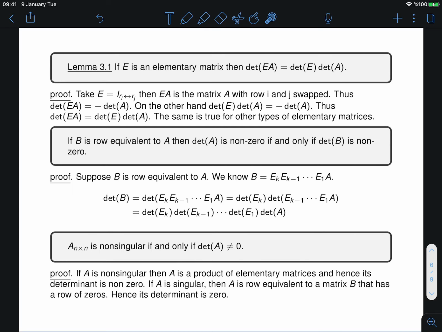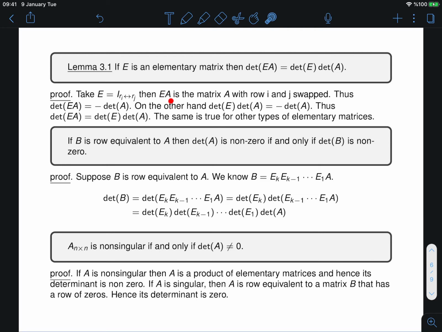Let us now talk about a lemma which will be useful in the upcoming results. The lemma says if E is an elementary matrix, then the determinant of E times any matrix A is equal to the determinant of E times the determinant of A. How do we show this result? We look at each type of elementary matrix. For example, the elementary matrix obtained by swapping two rows.